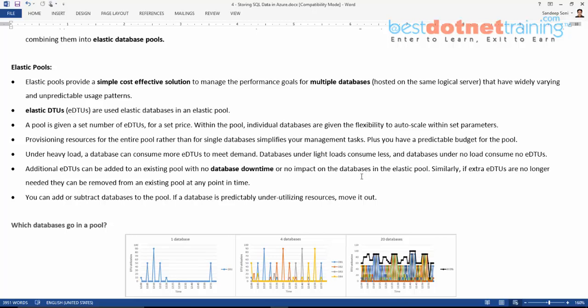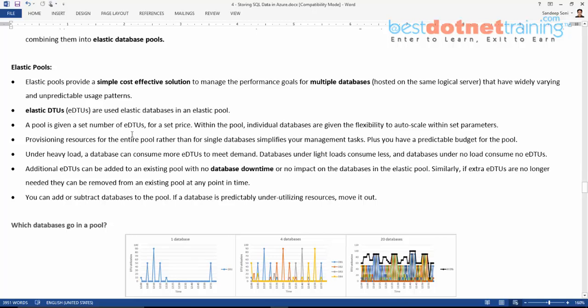And to this pool, we are going to provide eDTUs. Rather than using DTU, we now call them elastic DTU. Now, why are they called elastic DTU? Based on the requirement, automatically the DTUs allocated to that database are going to change. It is not fixed. Basically, we can say that it is going to auto scale.